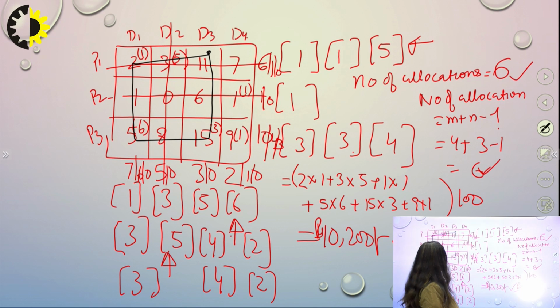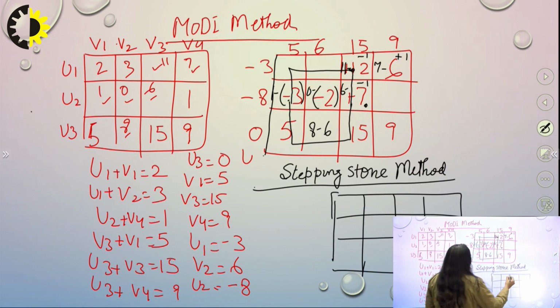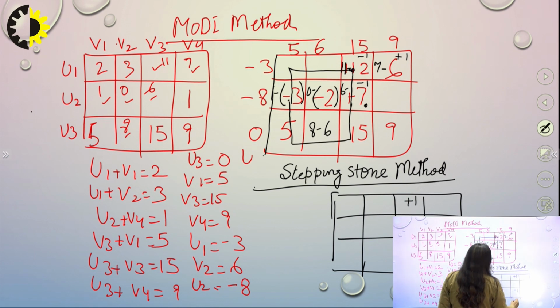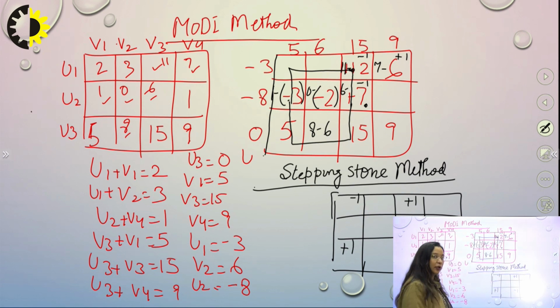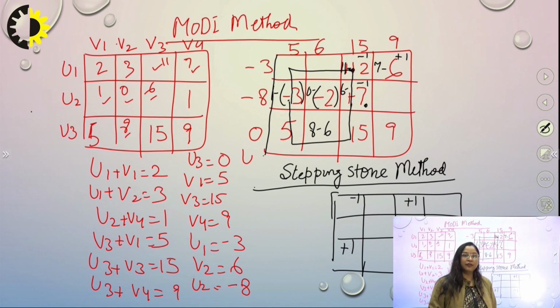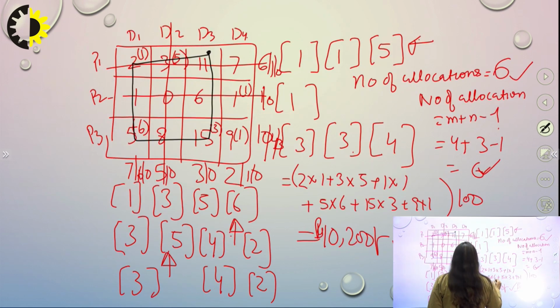So what we will be doing is give +1 allocation here, -1 allocation here, alternating plus and minus: plus allocation over here and minus allocation over here. So the allocation has been shifted from cell 1 to cell 3. You can see here, we have 2 here. What was the allocation?